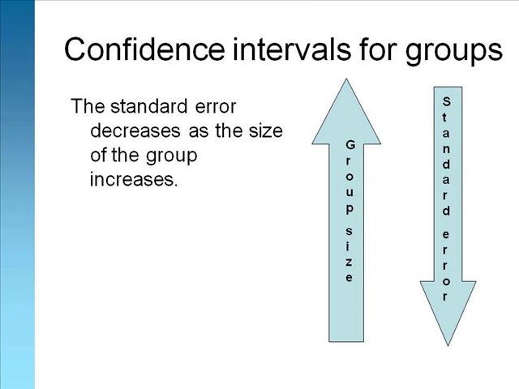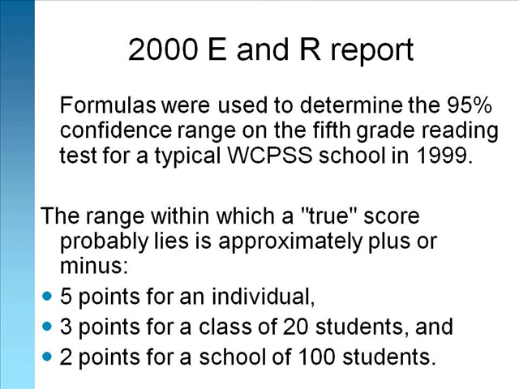When using group averages of test scores, a standard error calculation uses a different formula than that of an individual student. Group means have smaller standard errors, and the larger the group, the smaller the confidence intervals. A 2000 E&R report on measurement error gave formulas to determine the 95% confidence range on the 5th grade reading test for a typical Wake County Public School System school in 1999.